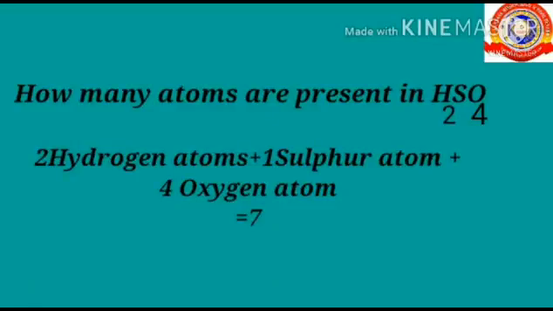So, to calculate the total number of atoms, you should add the number of atoms of hydrogen, sulfur and oxygen. So here 2 hydrogen atoms plus 1 sulfur atom plus 4 oxygen atoms equals 7. So we can say that the total number of atoms present in one molecule of sulfuric acid is 7.